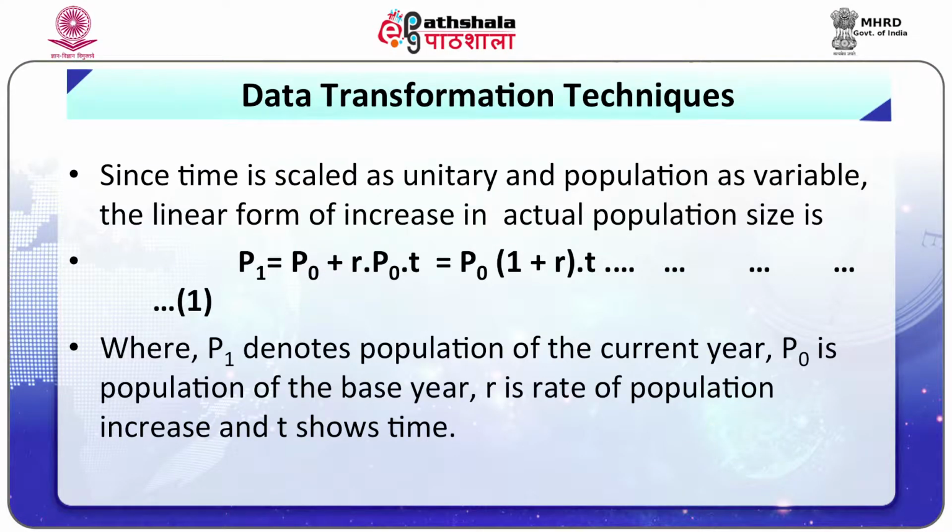Since time is scaled as unitary and population as variable, the linear form of increase in actual population size is P1 = P0 + R × P0 × T = P0 × (1 + R × T), where P1 denotes population of the current area, P0 is population of the base year, R is rate of population increase, and T shows time.